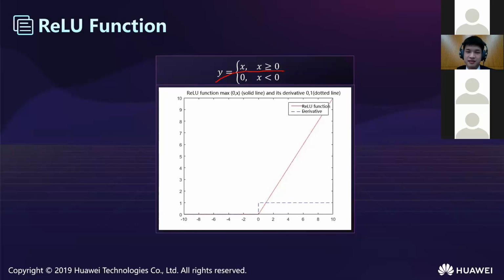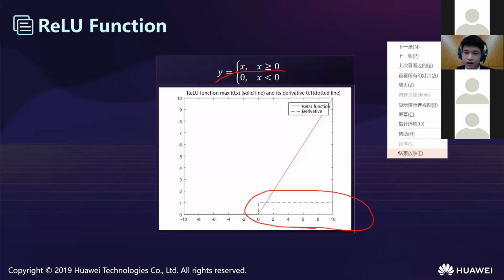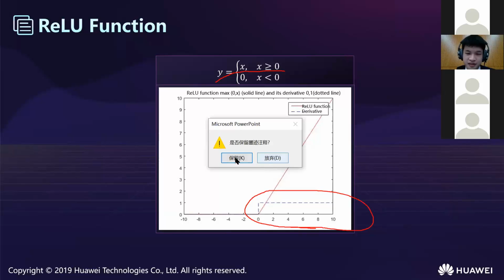Just like this. So the derivative in this range will always be 1. Do you agree? So it can solve the vanishing gradient problem. And then I will give you an experiment.